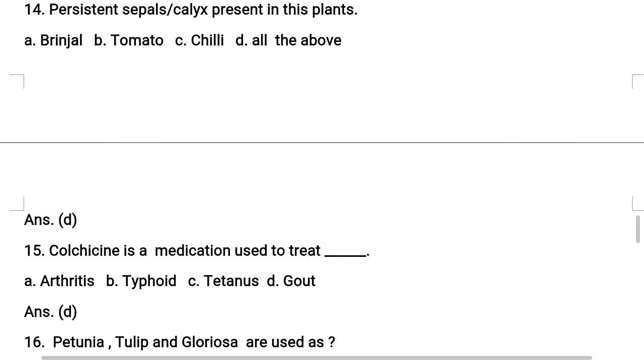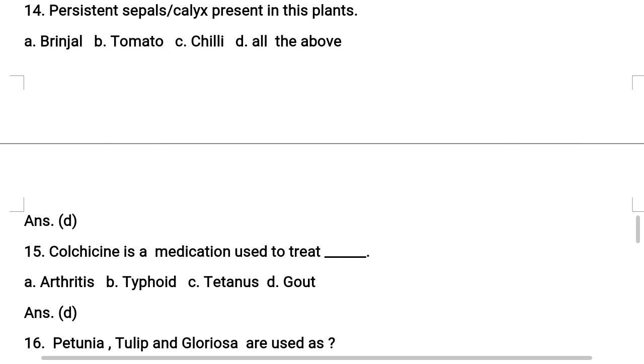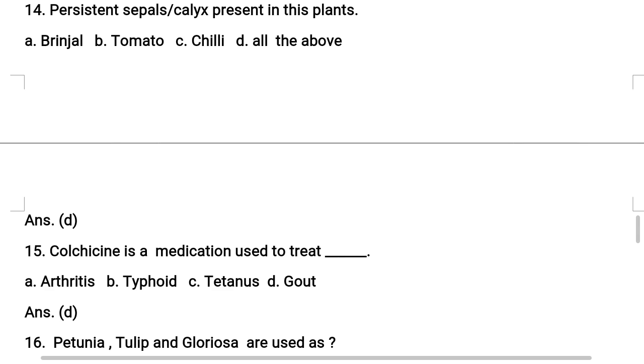Why so? What is meant by persistent sepals? Please make a note on the phenomenon of persistency. The phenomenon of persistency is the sepals remaining even after fertilization. Understood? So this is called persistency. You might have seen sepals in brinjal, tomato, chilies even after fertilization, called post-fertilization.